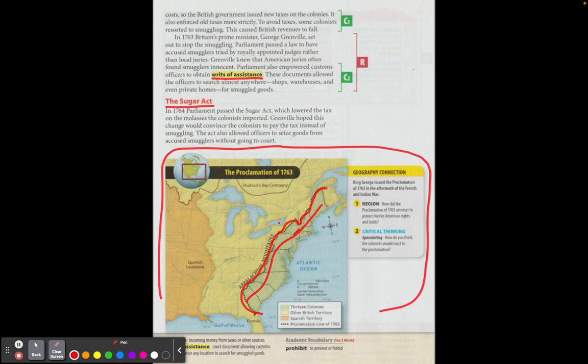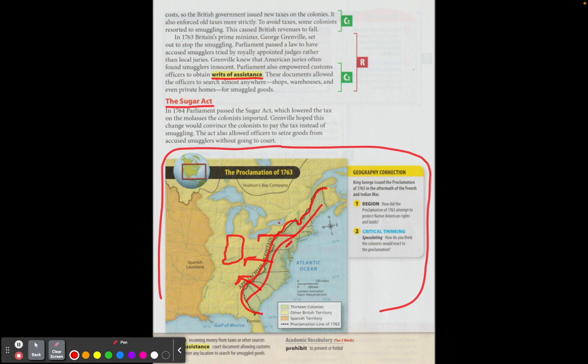They could not go past there, but you did have colonists who wanted to go out this way beyond the Appalachian Mountains, okay, but they were not allowed to. This here would be other British territory, but this is also going to be Native American territory, and of course, here is Indiana. I try to do the best I can to outline it there.